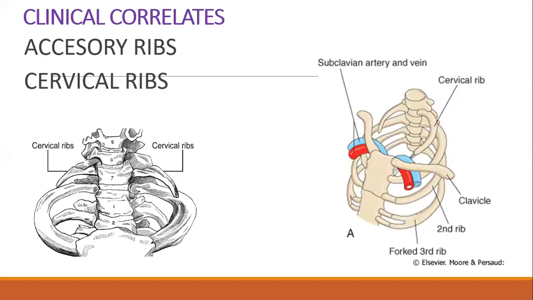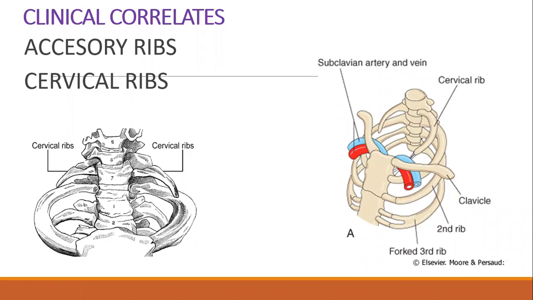Some important clinical correlates relating to the ribs and sternum. Ribs have two important clinical correlates, the accessory ribs and the cervical rib. Accessory ribs mean an increase in the number of ribs, and mainly they are found in your cervical region. Cervical ribs can impinge on your brachial plexus as well as on your subclavian vessels, and this can result in vasomotor changes and neurologic changes in the upper limb.